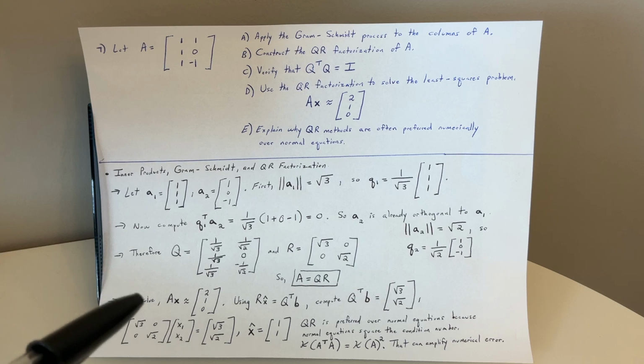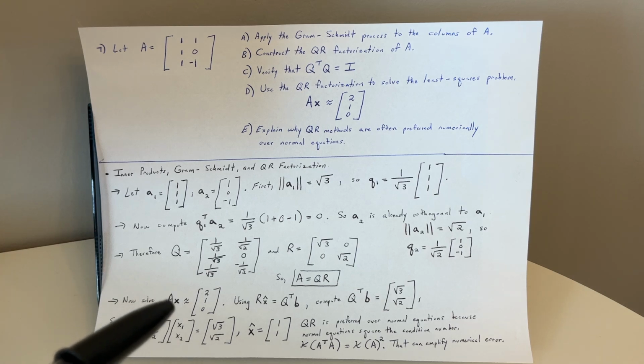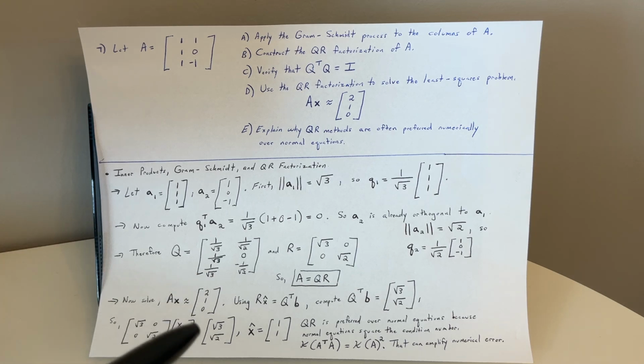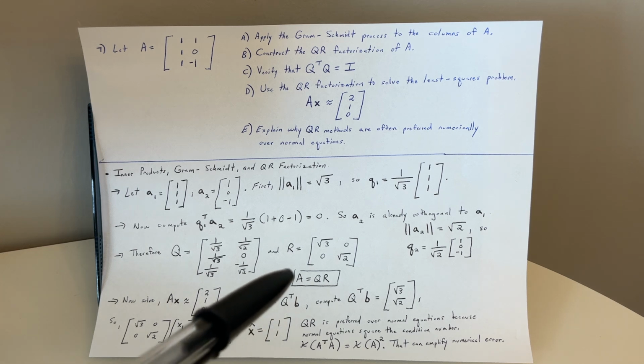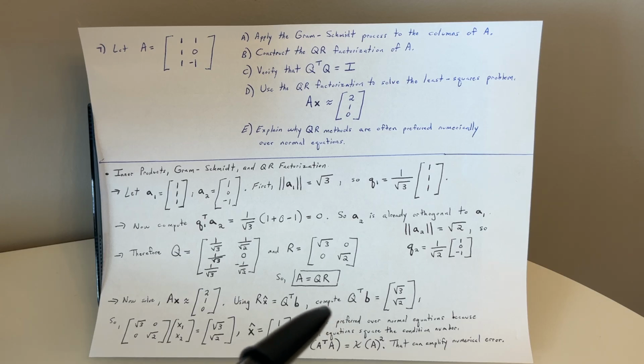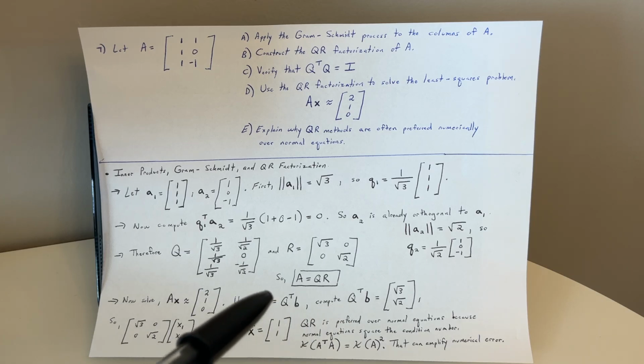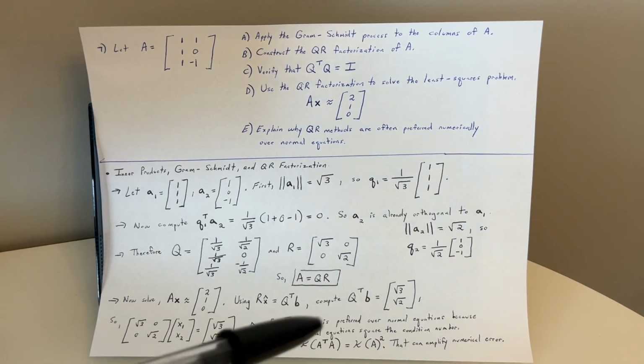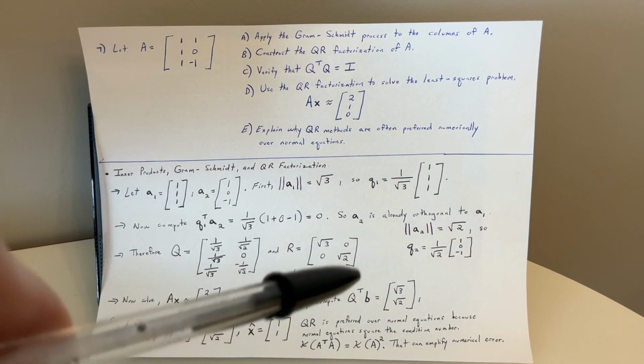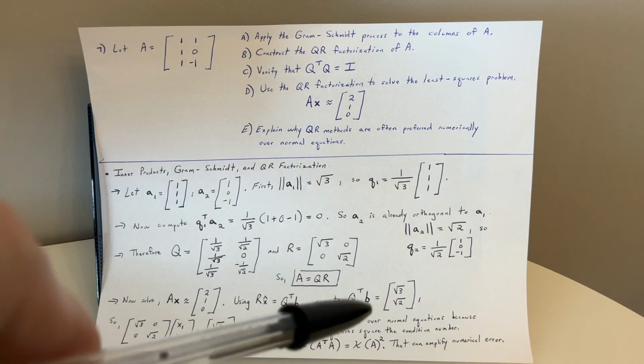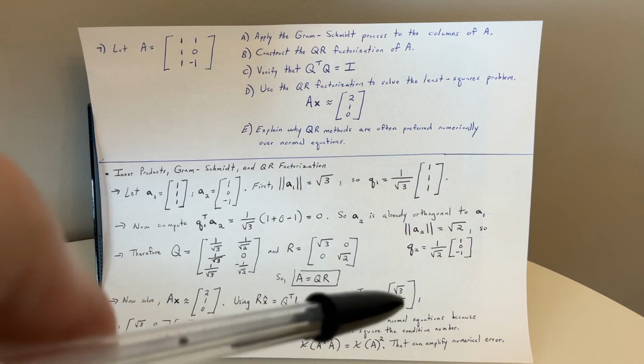So now we solve AX approximates the column 2, 1, 0, using R x hat equals Q transpose b. We compute Q transpose b, which equals the column root 3, root 2.